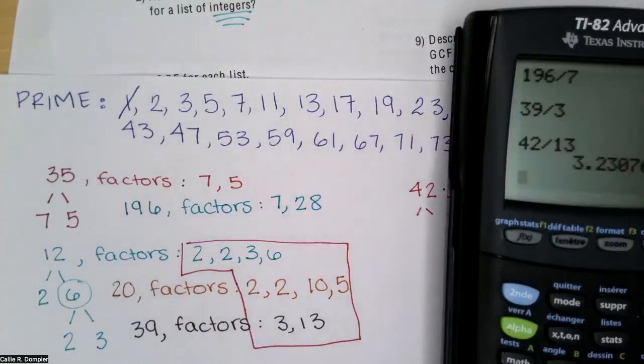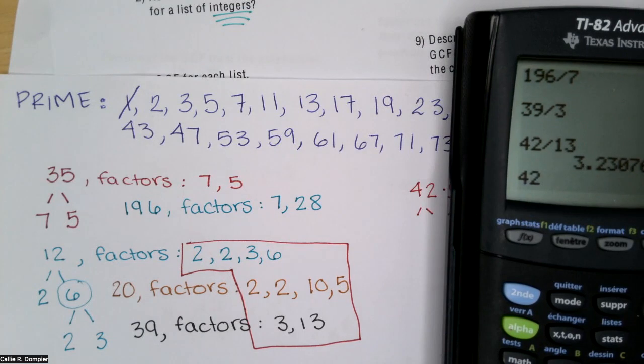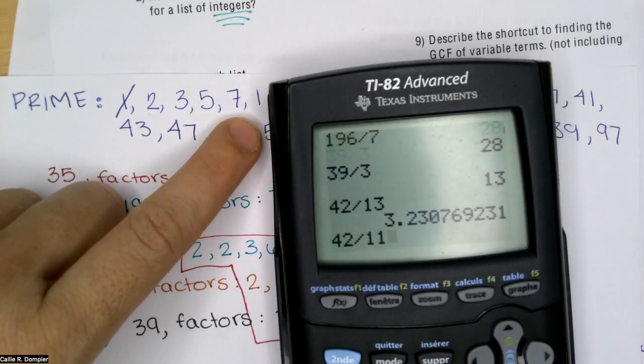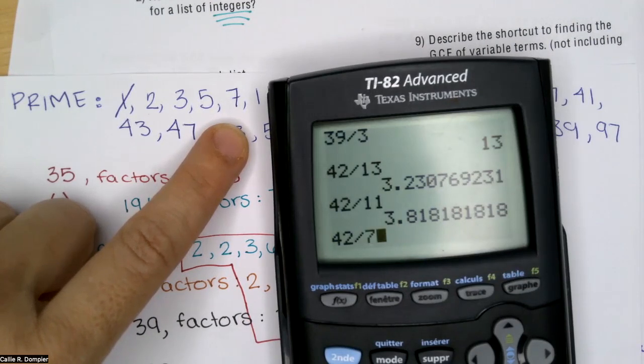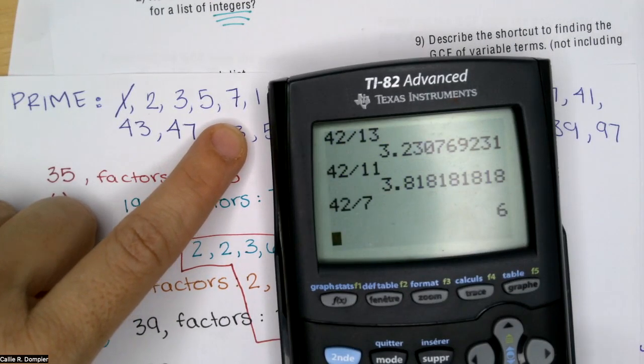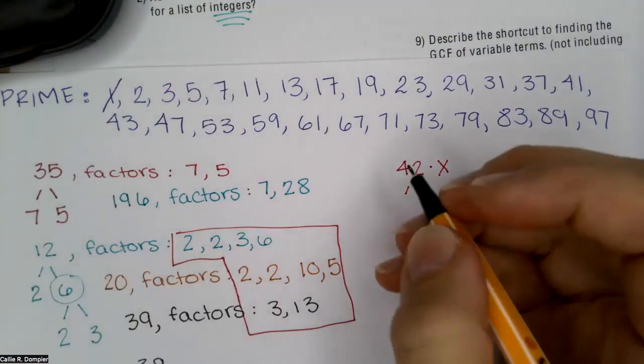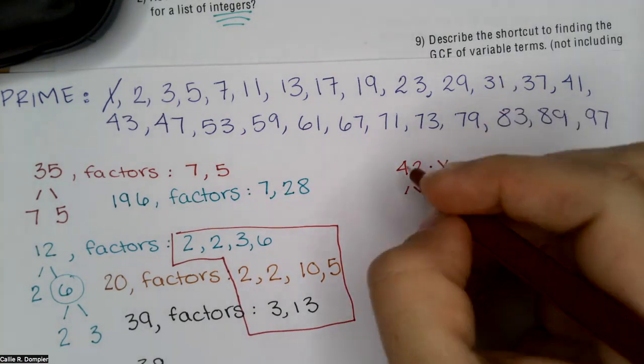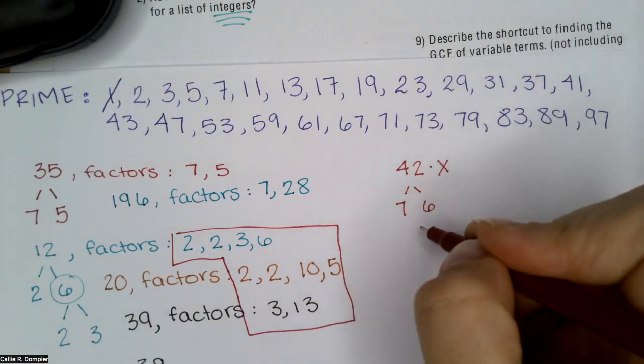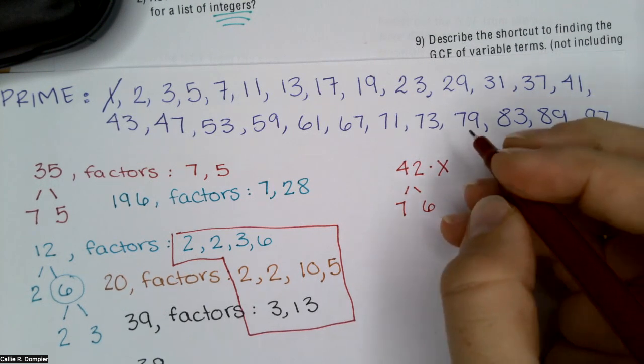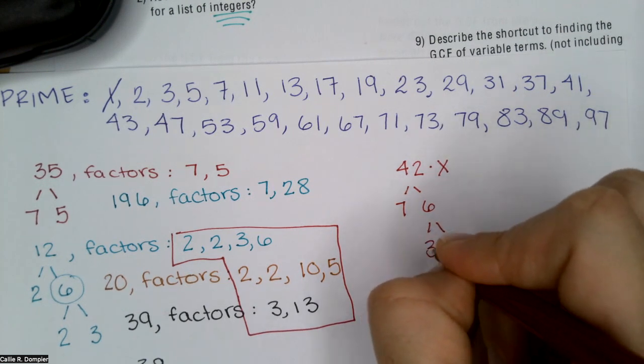No. 42 divided by 11? No. 42 divided by 7? Yay! 42 is 7 times 6. 7 is a prime number, so we don't do anything further with that. We know that 6 is just 3 times 2.